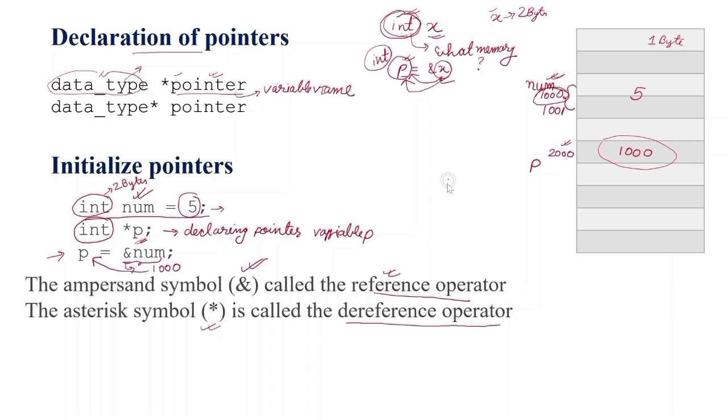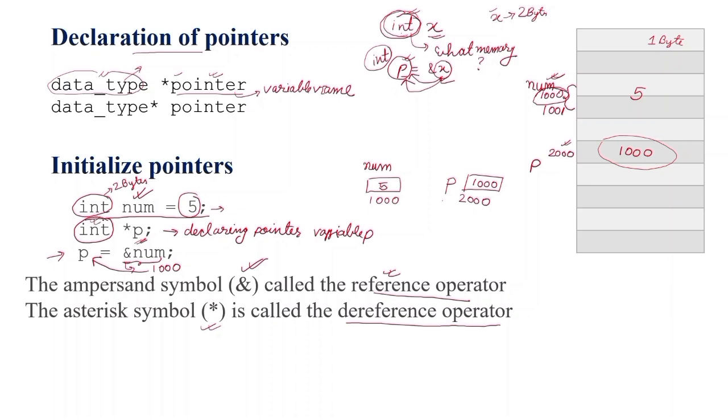Like this, you can say P is a variable which has memory address 2000 and value 1000 stored in it. Num is another variable whose starting address is 1000 and 5 is the value stored in it. So this is what happens.